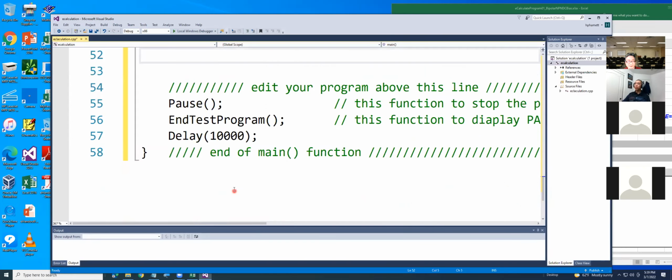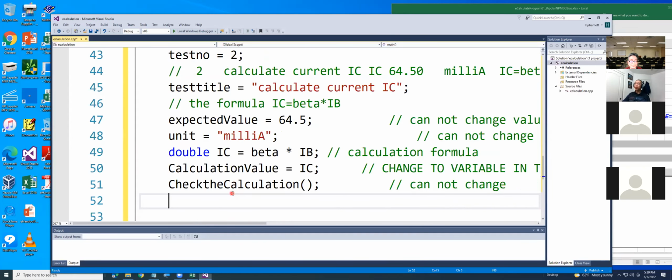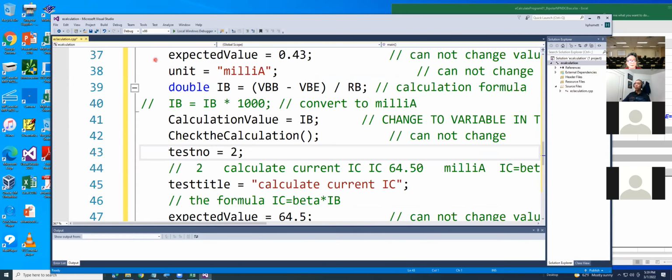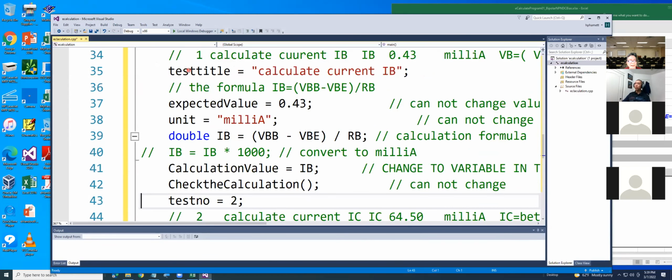Okay. So now you are done up to number 2. Don't try to do every test at the same time. If you are done with number 1, you can compile that first, to see if you get any error or not. Now I compile: go to build.